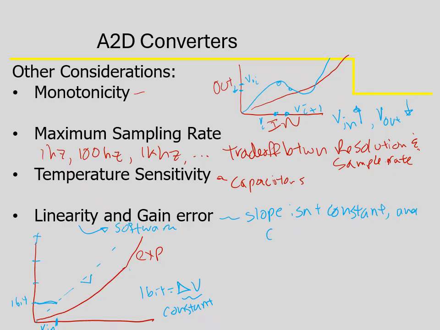So in the first example with a non-linearity, the slope wasn't constant, but it was consistent. So at least it's easily predictable. A gain error could mean it has a non-constant slope and it's inconsistent. I wrote consistent, but that should be inconsistent. Okay, I guess I meant isn't consistent. Let me just be perfectly clear, and isn't consistent. Okay.